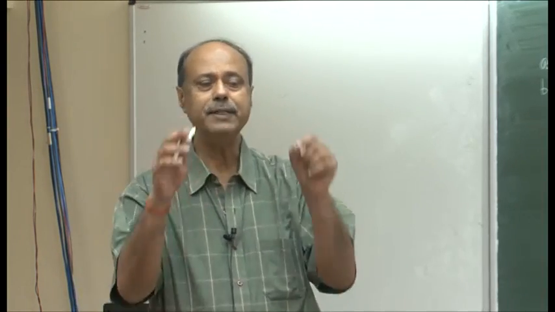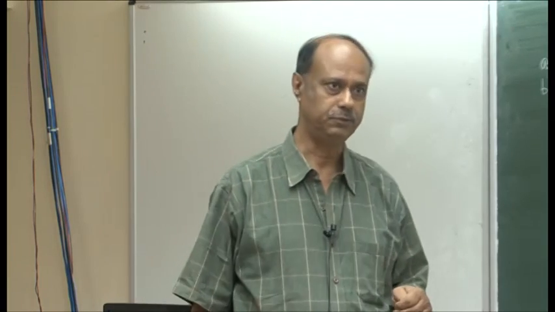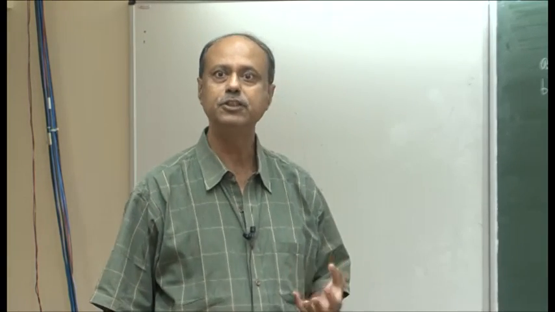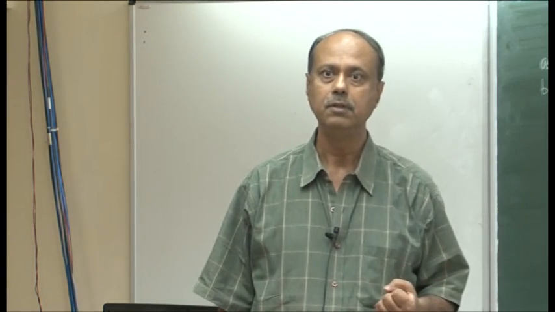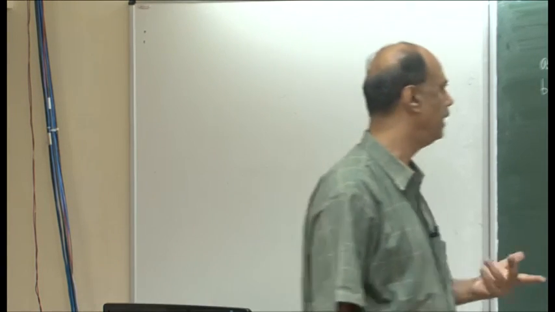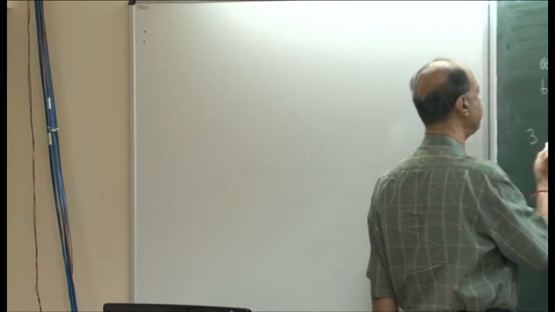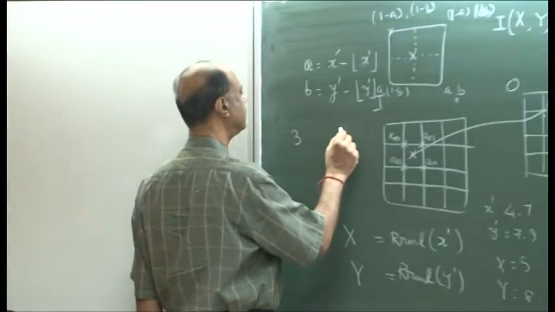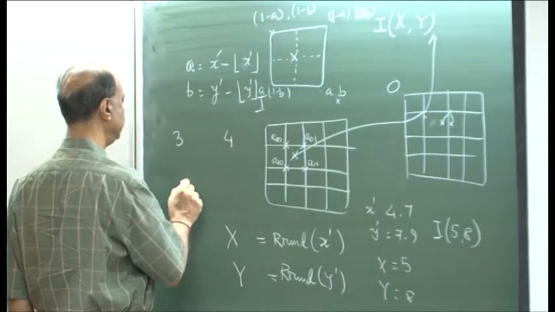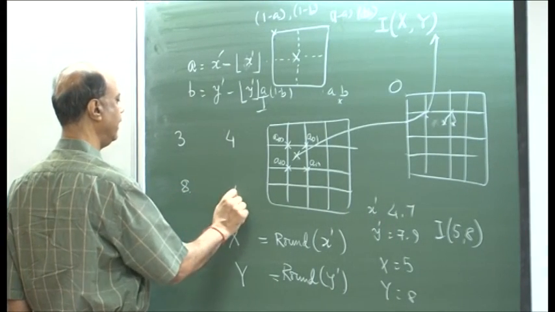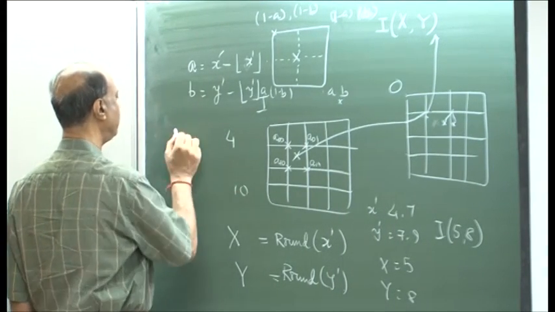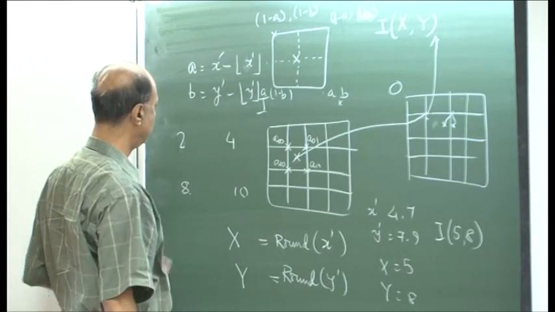Now, once I am giving the average of the 4 numbers, what will happen? The resolution will come down, yes or no? Suppose you take any 4 numbers, say 3, 4, 8, 10, and for simplicity 6.